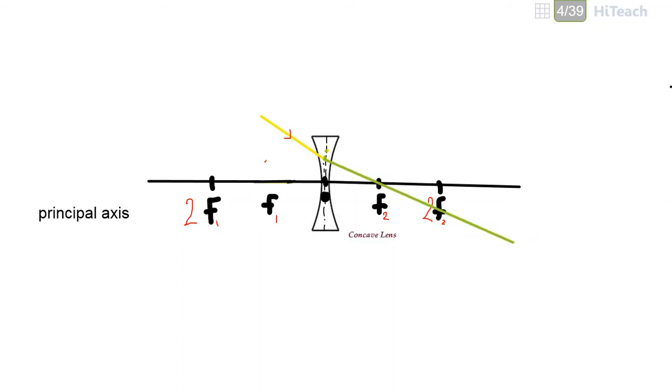How will this one refract? This is the extension for the light. Okay, how will it refract? Look at it. This one will refract parallel to the principal axis. Okay, pay attention to this one.